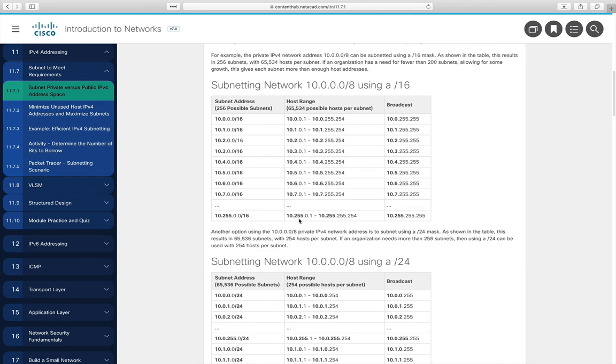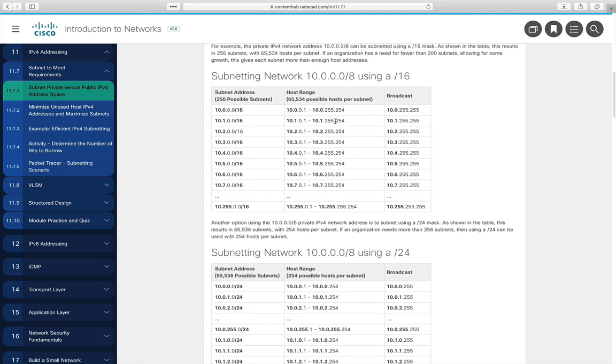If you did this in binary, that would be fine, but when you're subnetting on an octet boundary, a byte boundary, it is much easier to do. So here they have the network number, the broadcast address, and the range of usable hosts.